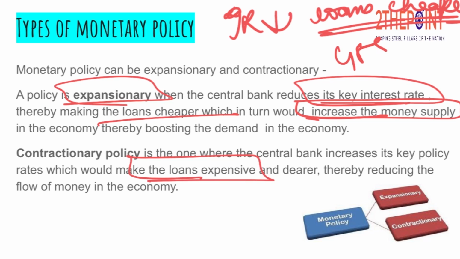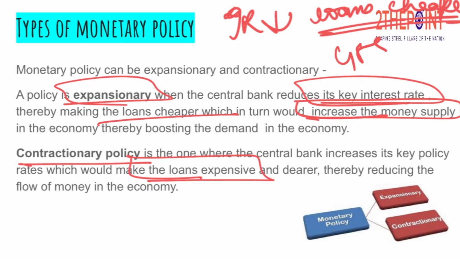So it increases the key interest rate, which makes loans expensive, and hence fewer people would be attracted to take loans, and the money would not be available in the market as it was before. So this is the contractionary policy, which the central bank follows whenever it feels that inflation is too high in the economy. To control it, it increases the key interest rate, and liquidity is sucked out of the economy.